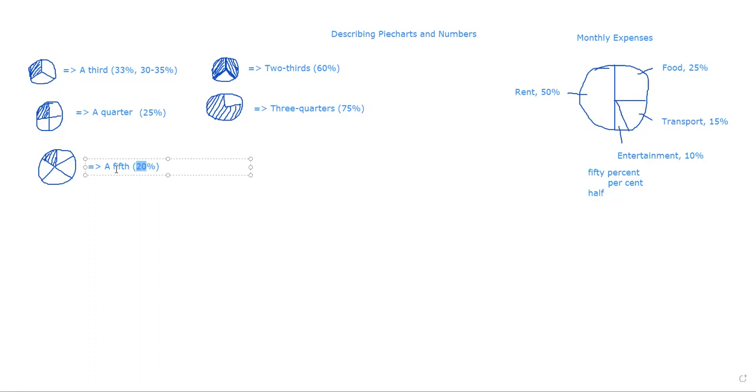20% is a fifth, right? 5 ভাগের 1 ভাগ. 80% is 4 times 20%. 20% এর 4 গুণ হলো 80%, right? তাহলে 20% যদি 5 ভাগের 1 ভাগ হয়, 80% কত হবে? 5 ভাগের 4 ভাগ. Not a fourth, 4/5.